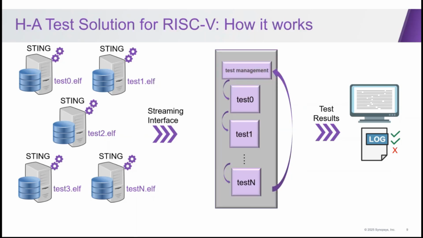What is it doing here? Inside the hardware platform, we have a test management. This test management has a protocol, a handshake with the streaming interface. Basically, that's a part of a testbench. And it will tell the streaming interface, I need more tests. Then the streaming interface will load one test to your design and then load another one.